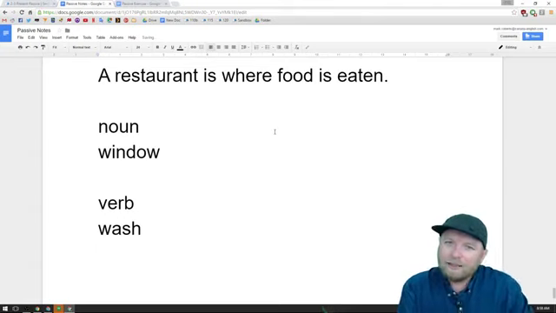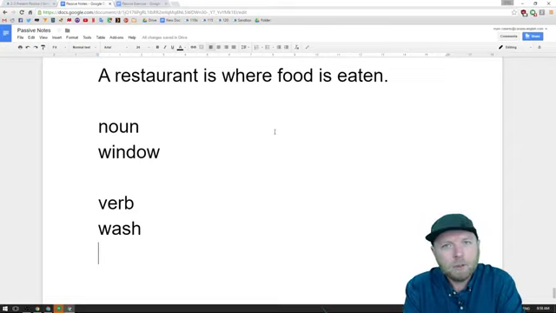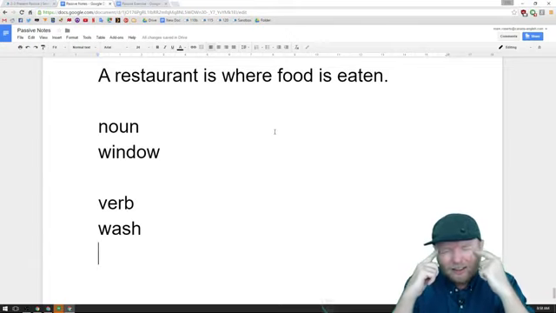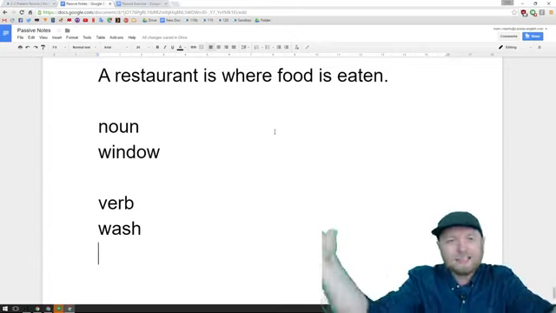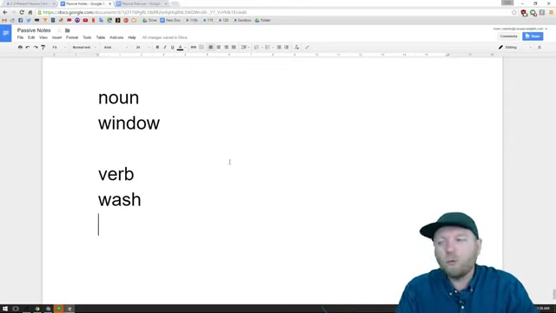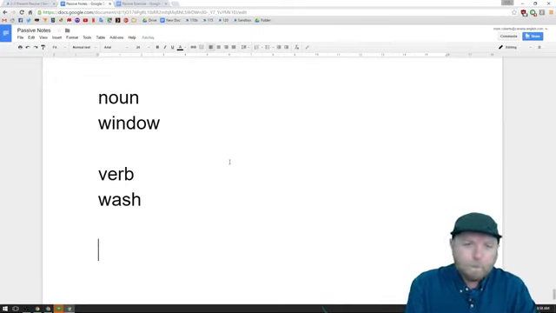Here, can a window wash? Window, wash. No, it can't. No. People wash a window. This is a receiver. This, in your brain right now, window, wash, passive, right? The window was washed, or the window is washed every day, or the window is being washed right now, right?